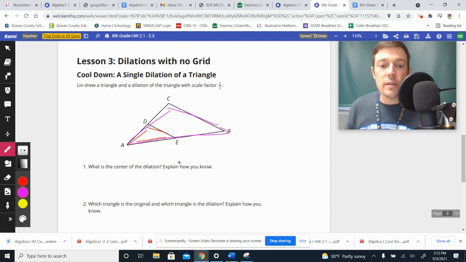First question is, what is the center of the dilation? Whenever you're choosing a center of your dilations, you need to make sure that it's a point that connects with all of the other points that have been dilated.